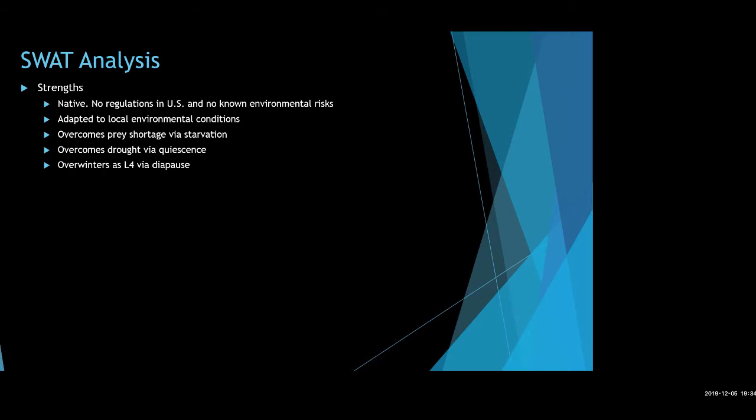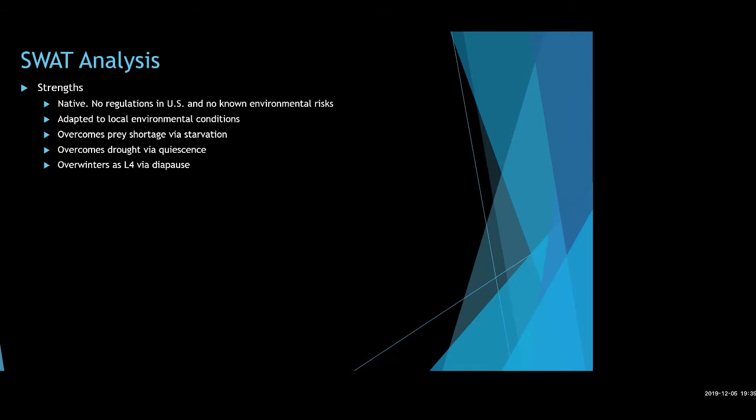They're indigenous, they're endemic to the areas, they're benign and beneficial. There are no regulations about using them in the U.S., and there are no known environmental risks. If we supplement existing populations with more, that really just translates to fewer mosquitoes, and that's a good thing.